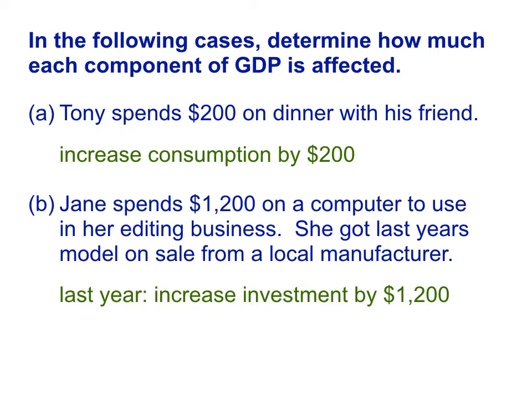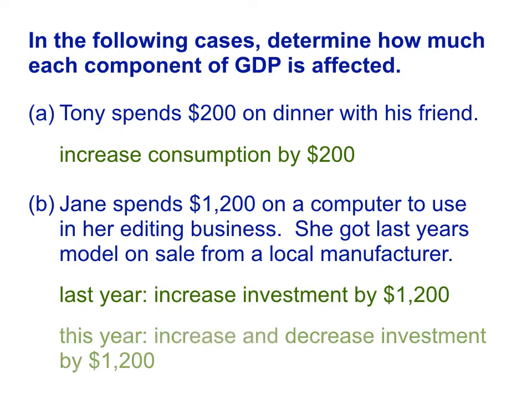Now the trick here is to figure out how do we get to 0 by looking at the components of GDP. And the way that we do this is we say, well, Jane is going to increase her investment by buying this computer. She's increasing her investment by $1,200. And this is investment because Jane is buying this computer for her business. And with respect to the computer manufacturer, we see that their investment is going down by $1,200.